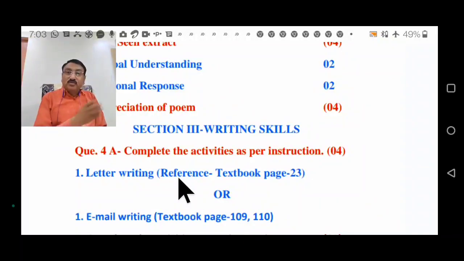We have different kinds of salutations for informal letters and formal letters. As per the receiver, see who the receiver is and use the correct salutation in the letter writing. Once you write the salutation, the next part of the letter writing is the main body of the letter.